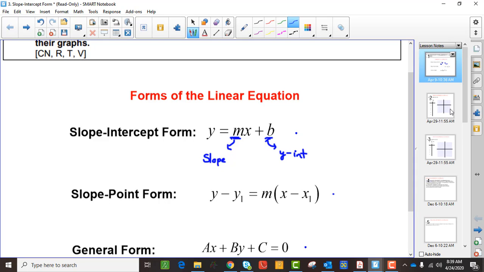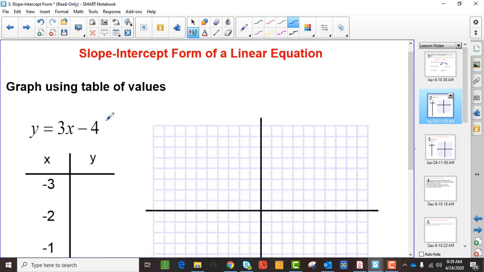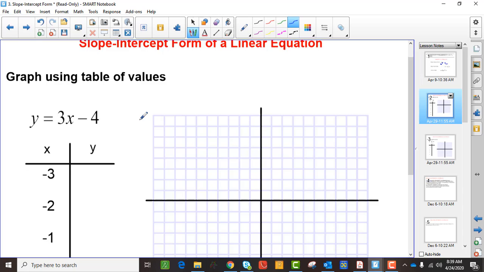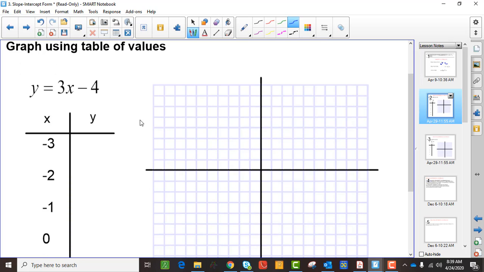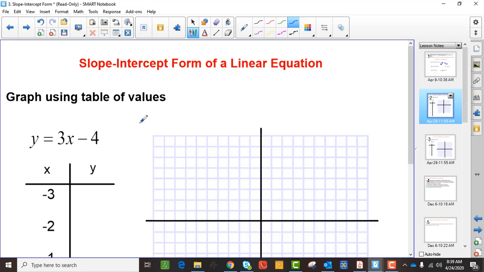There's a couple different ways to draw a graph. One of them is to take the slope-intercept form, y equals mx plus b, and use it to actually create a table of values. To do that, we just pick some x values and substitute them into the equation. If x is minus 3, I'm just going to show you this one, then we say, what's y?